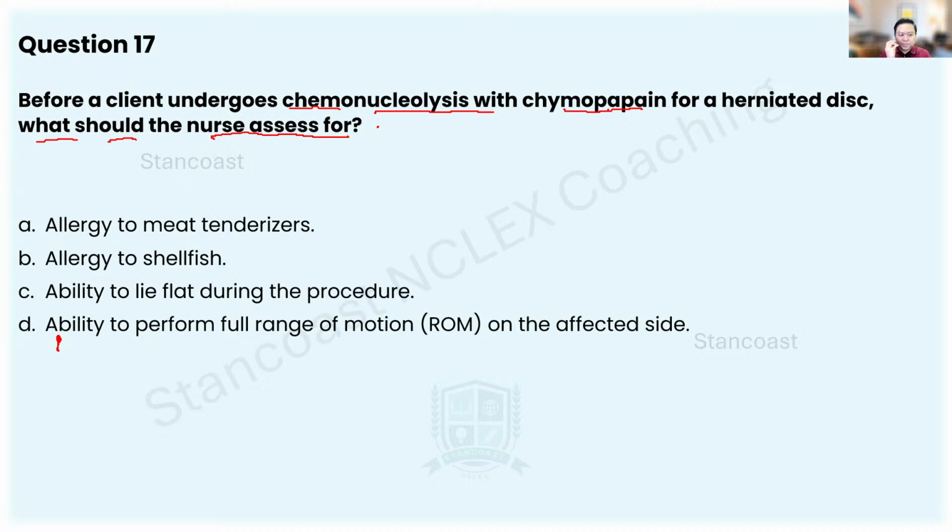Guys, take note, this is an enzyme that is derived from something. I'll explain to you in a minute. So if you're answering letter D, full ROM, this is not required in the chemonucleolysis.